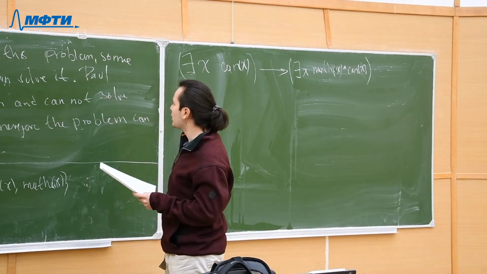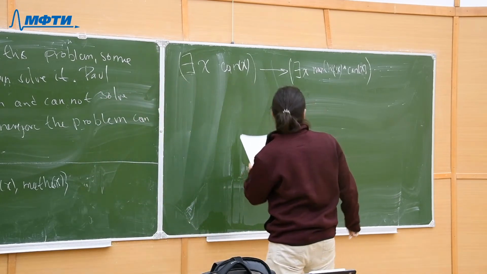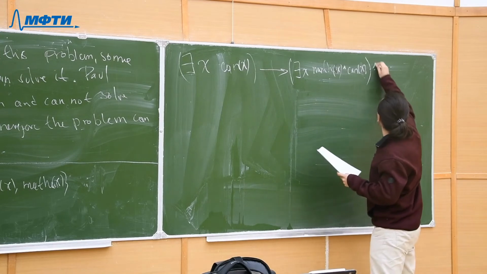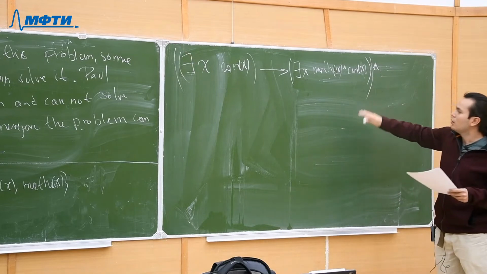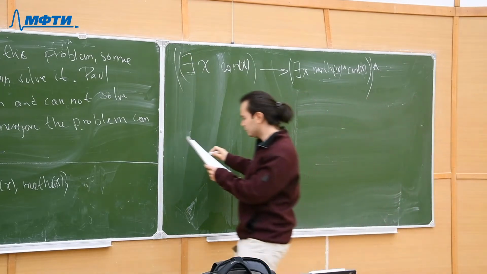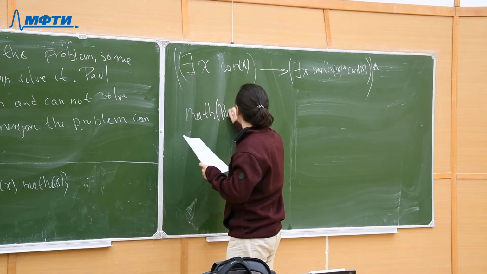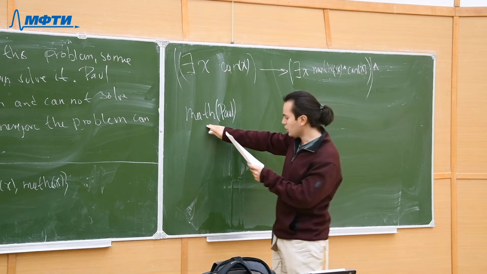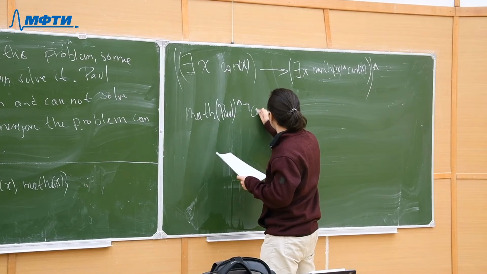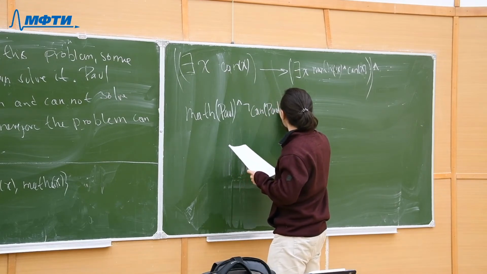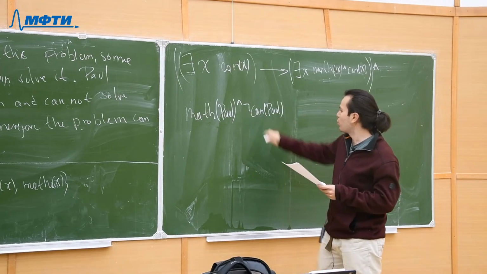Now, Paul is a mathematician and cannot solve the problem. Paul is a mathematician, but he cannot solve the problem, right?